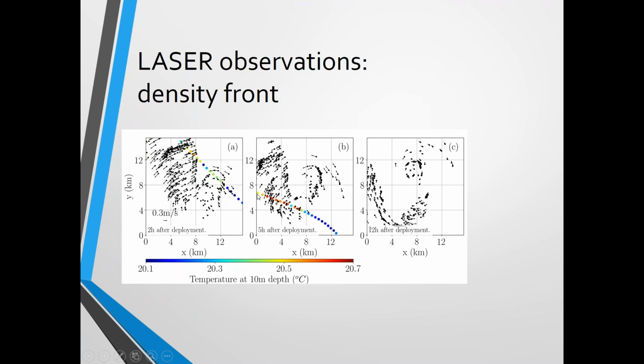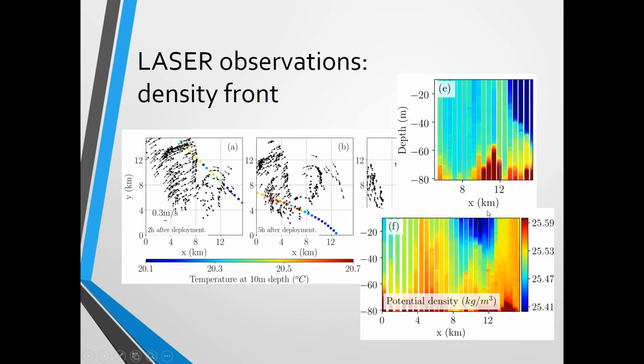And in the area where the drifters were clustering, there is a strong density front. Here you can see it from the temperature, but I have the profiles from the same sections. You have the profiles of density, and the drifters here are aligned around 12, so they're around here.